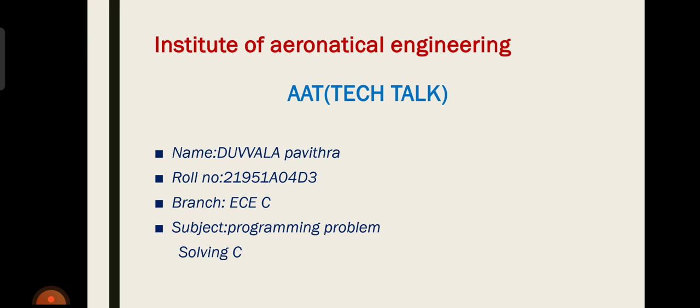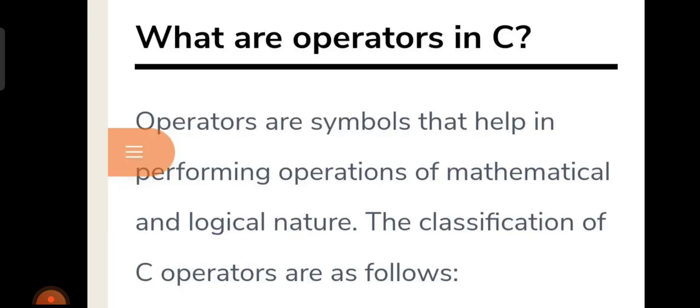C. Now my topic is chef and spells. And in C we have 8 operators. Using these 8 operators we can solve any problem to any question. Now what is an operator?